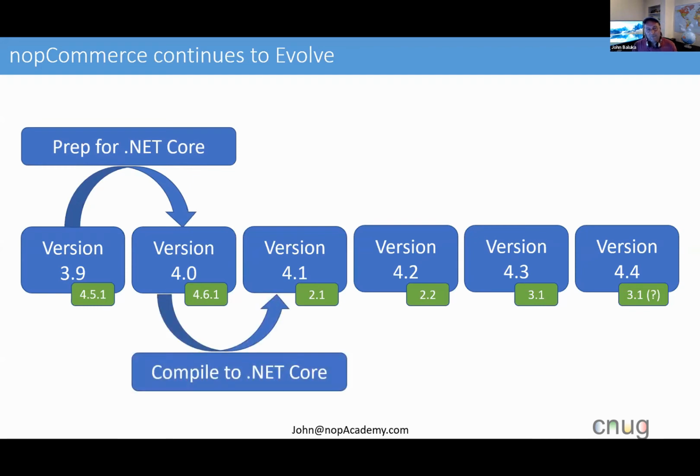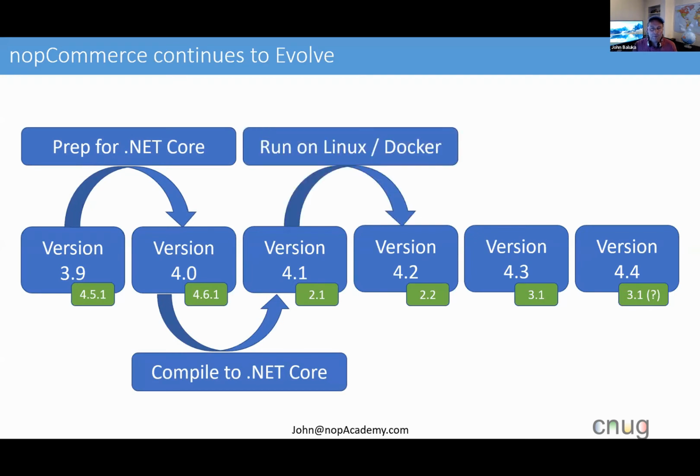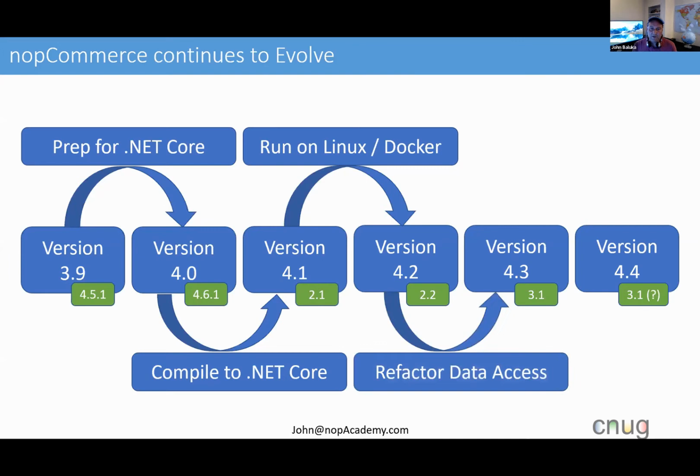Moving from 4.0 to 4.1, they started to compile to Core, with 2.1 as the first version of Core. Moving from 4.1 to 4.2, they started to support running on Linux and within Docker containers. Most recently, they released version 4.3.